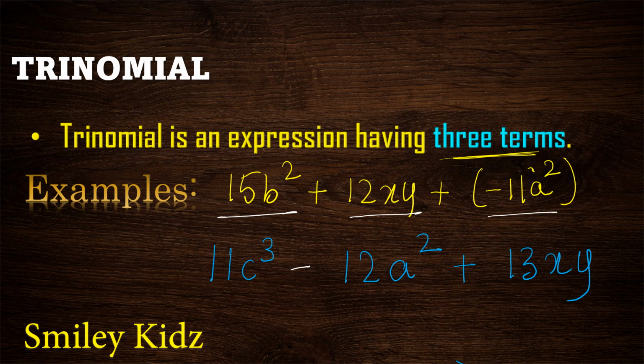This as well is a trinomial. Why? Because it has three terms. What are they? 11c cube, 12a square and 13xy, which are connected by different operators. So the expressions which are having three terms are called trinomials.